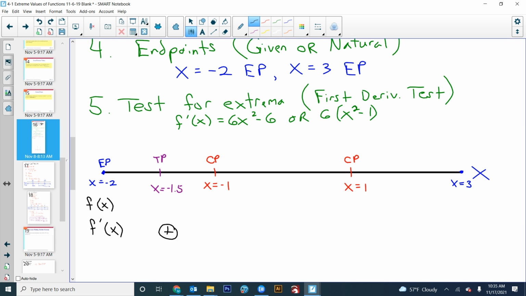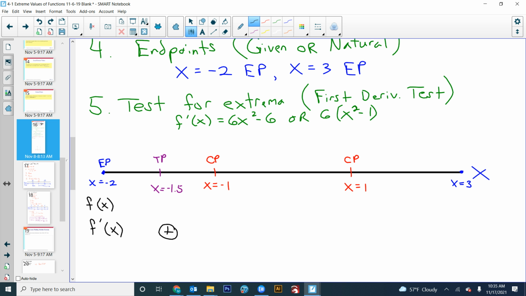No. Positive first derivative where? Make me proud. Where is the derivative positive? Could I have plugged in negative 1.7? Could I have plugged in negative 1.9? Because the derivative is going to be positive on the whole interval here. But Mr. Westphal, how do I know it's not going to change?